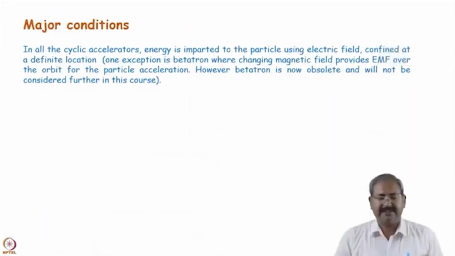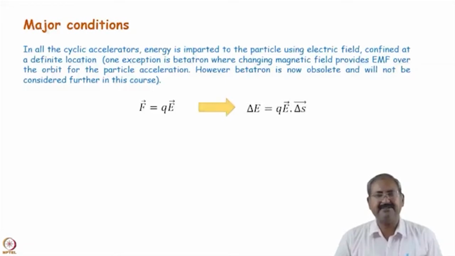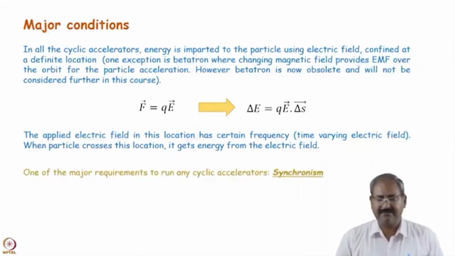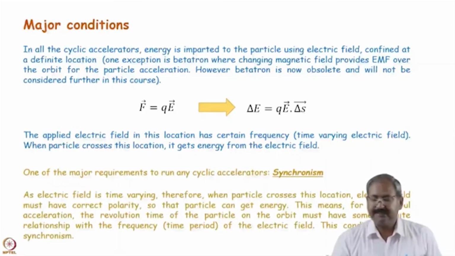Now we are saying that we are using some time varying field, and in that time varying field energy is increasing, and the particle is passing through it again and again. So if we have some time varying field, suppose this is an orbit in any cyclic accelerator, and there is an RF cavity.